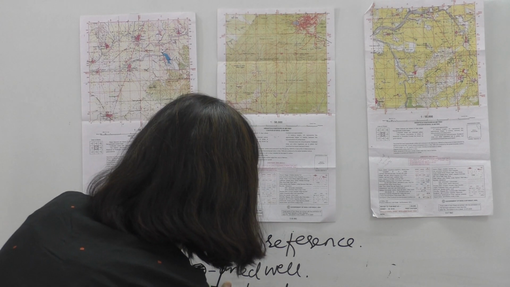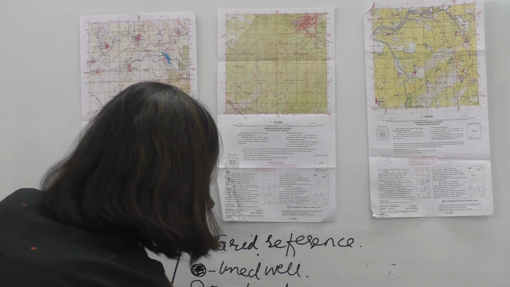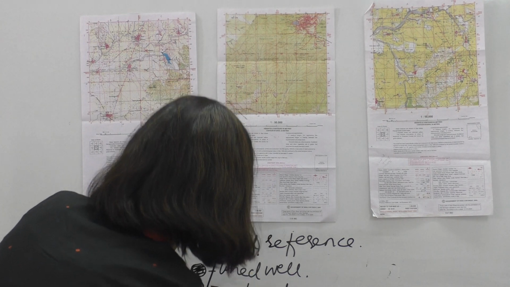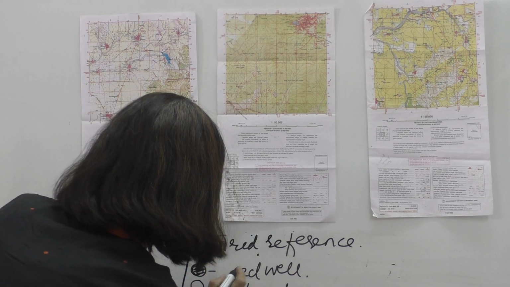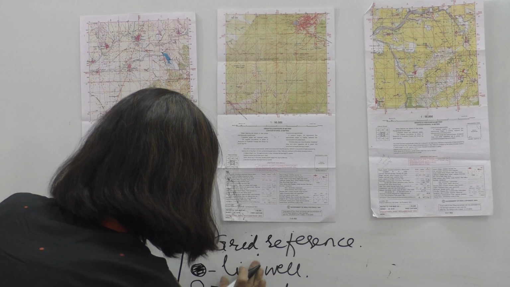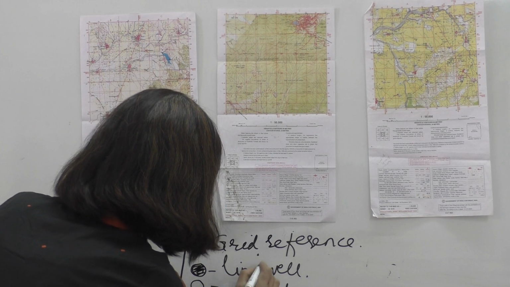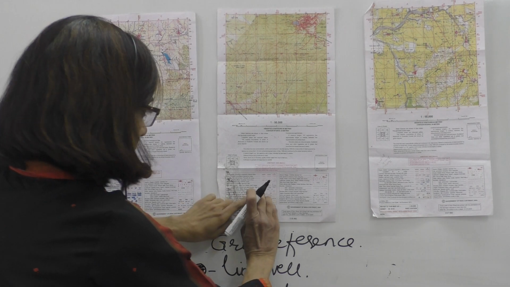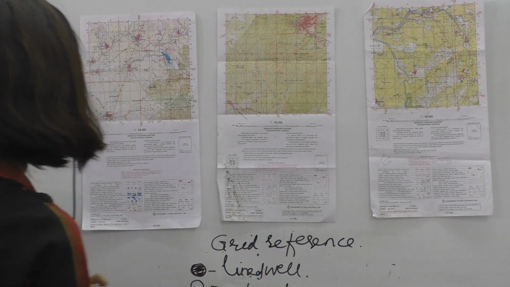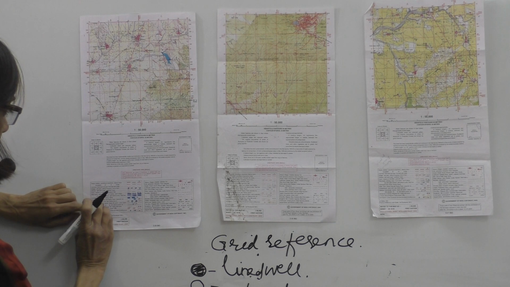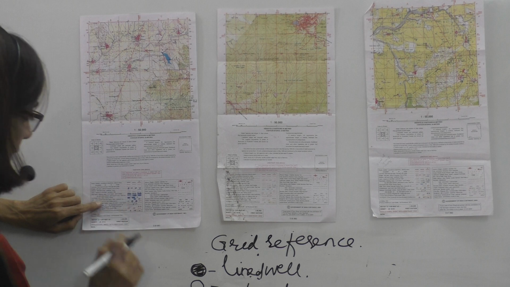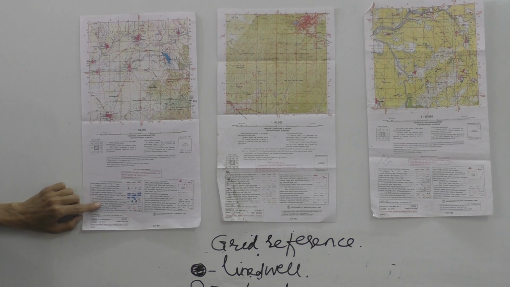Unlined is just a blue colored circle with nothing inside it. Look at this here, they are showing the lined well with a blue color.